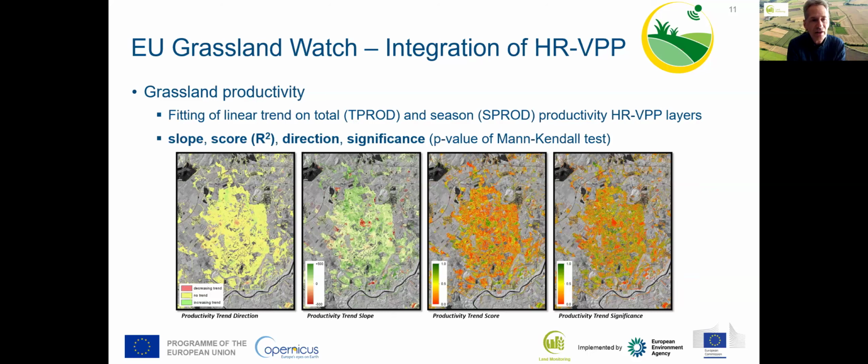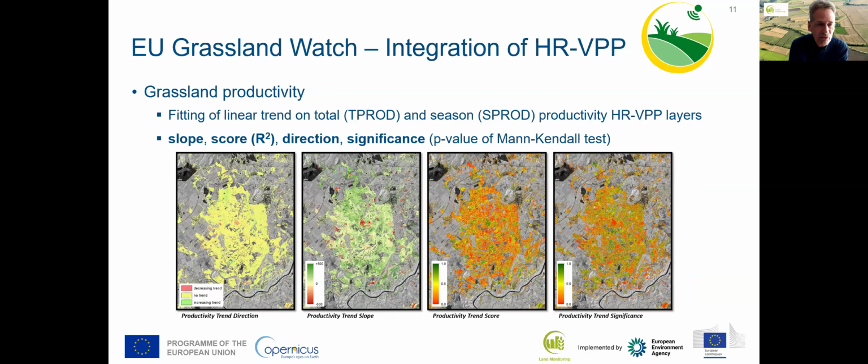Furthermore, as I said, for the productivity, it's even one of the key input data sets. And here we are using also what Bruno has already shown, the total productivity and the seasonal productivity parameters that are provided by the data set.